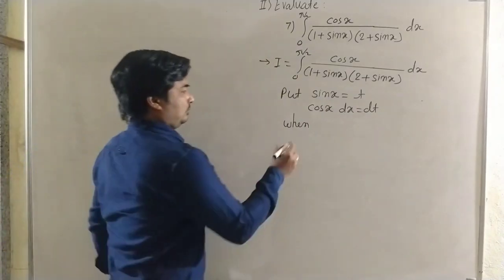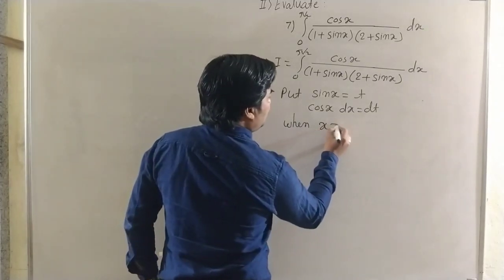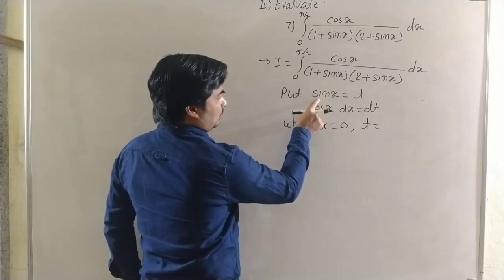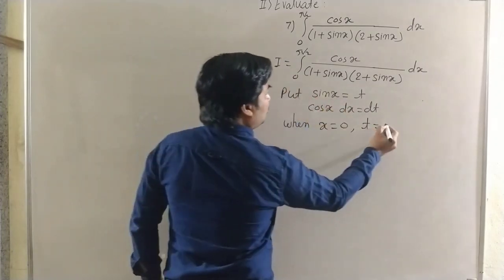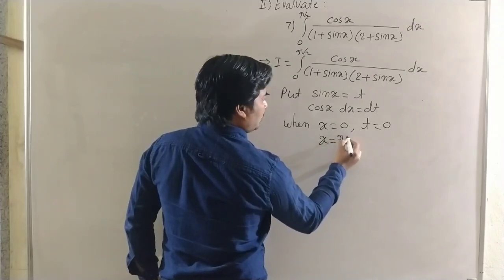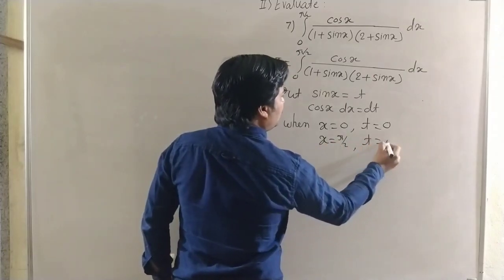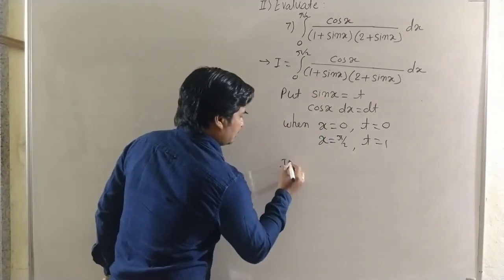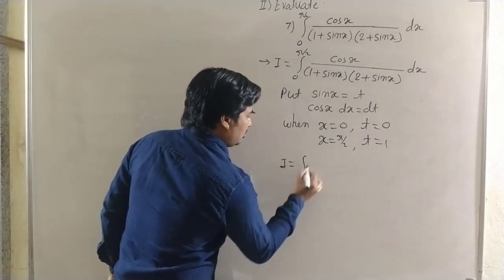Change the limit. When x is equal to 0, t is equal to 0, and when x is equal to pi by 2, t is equal to 1, that is sin pi by 2. Okay, now the integral is 0 to 1.